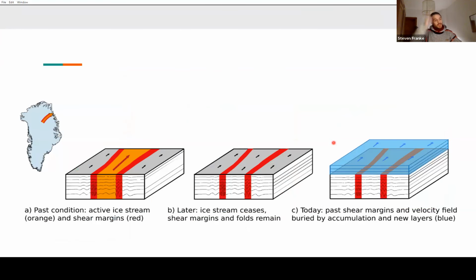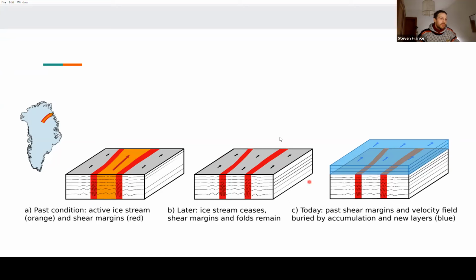So in summary, we could summarize all of this in a sort of three-stage process. At some point we had an ice stream that is very similar to Negus, but located much further north of Negus, that created these deformation patterns that we can make visible in the radar data.